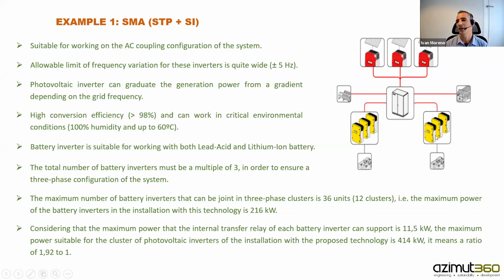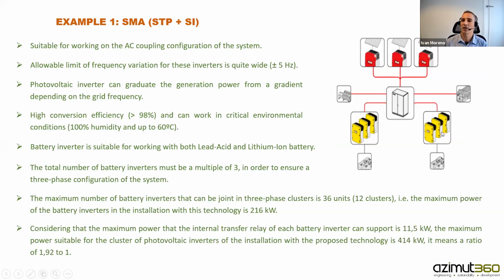Each cluster is a power increase. So we have the main cluster, which is managing the whole installation, the whole plant, and more clusters that add power like slaves. But there is only 1 battery inverter which is managing the whole plant.